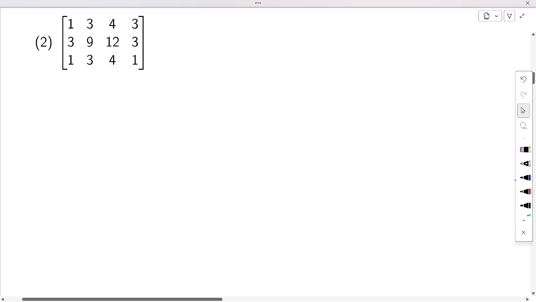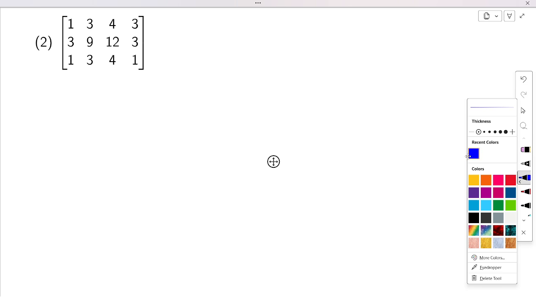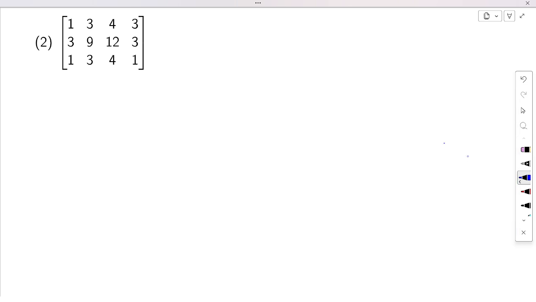For this matrix, again we do the same thing. Now just divide row 2 by 3 first.